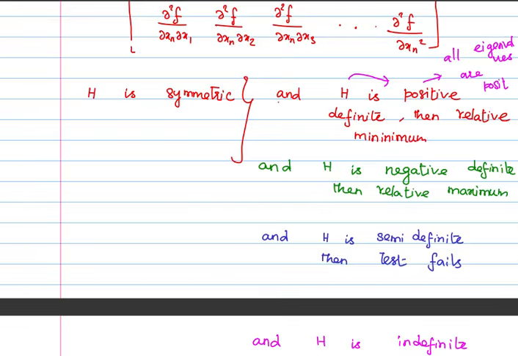If all eigenvalues are positive, we say the matrix is positive definite. Negative definite means all the eigenvalues are negative.